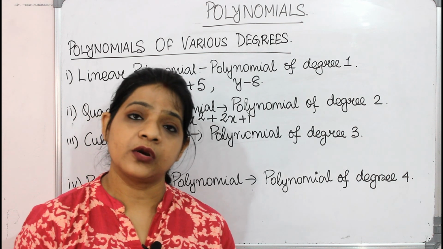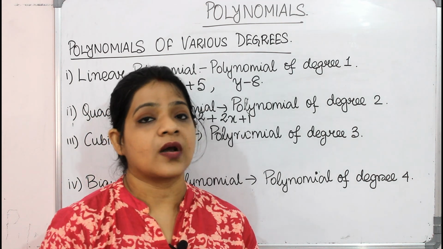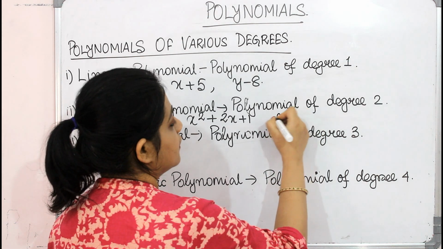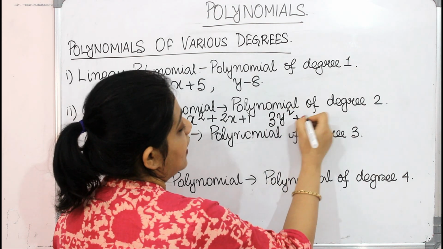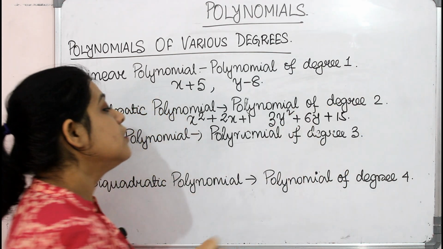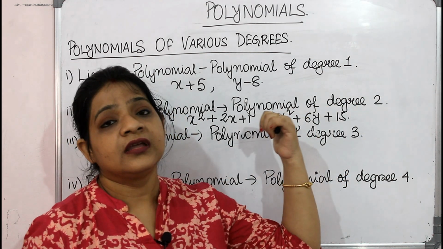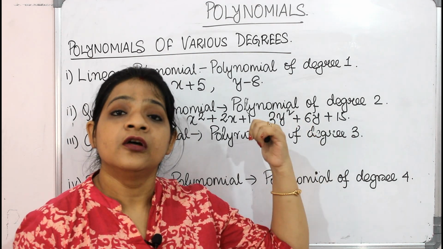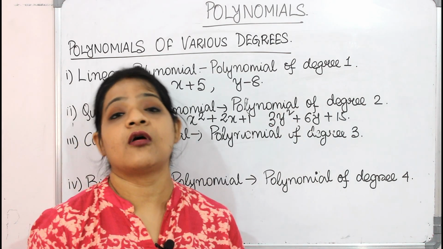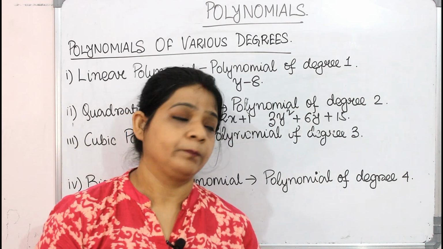These types of polynomials are known as quadratic polynomials. Another example: 3y square plus 6y plus 15. Here also the highest power is 2, so the degree of the polynomial is 2.